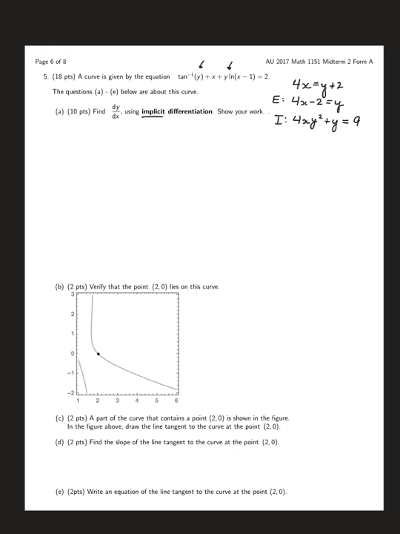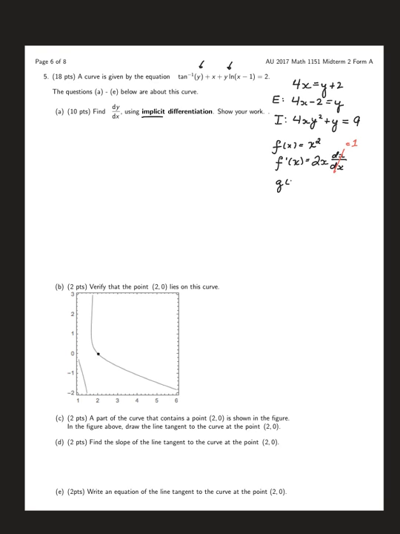Now in single variable calculus, you were taught that if your function f of x is equal to, let's say, x squared, the derivative would be 2x. The derivative is actually 2x dx/dx, or the derivative of x with respect to x, but this ratio is equal to 1, so we don't really write dx over dx.